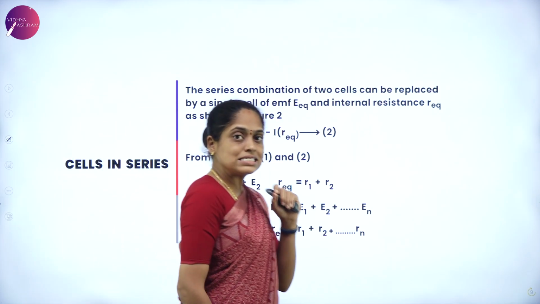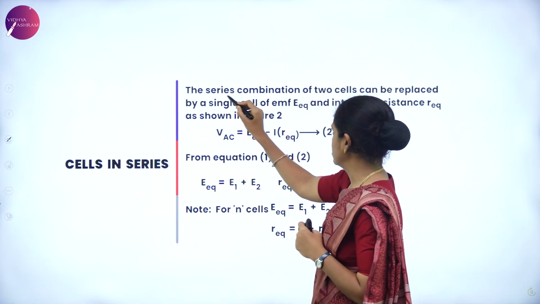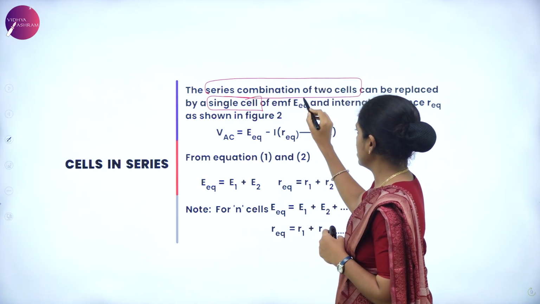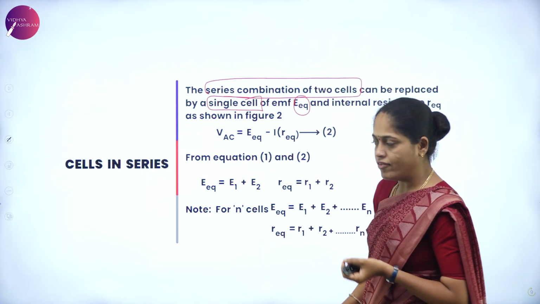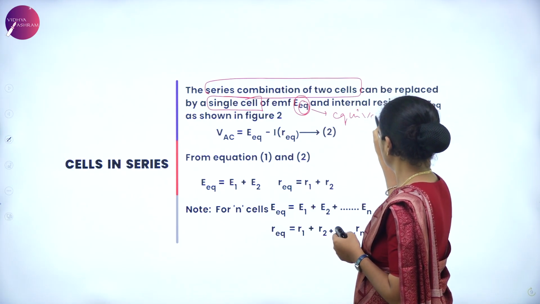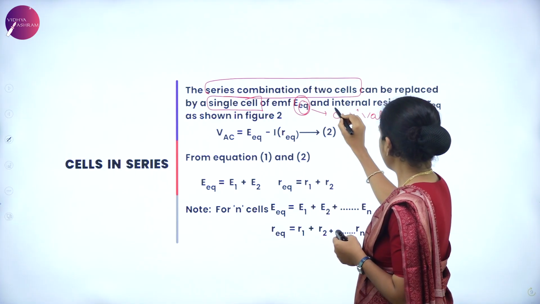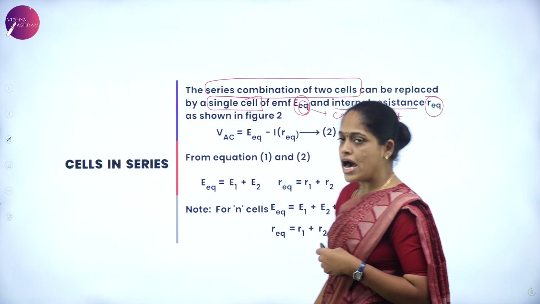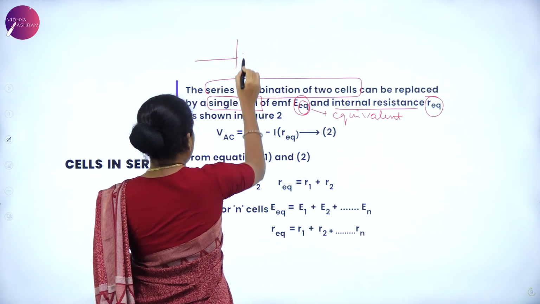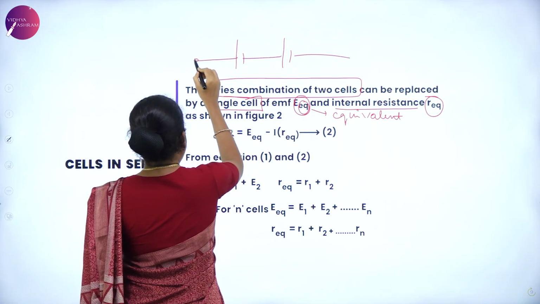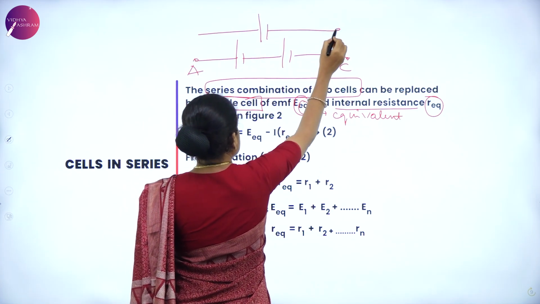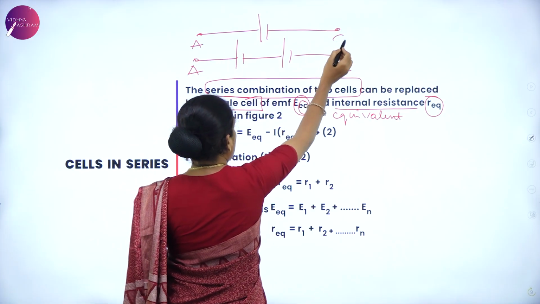Next, this series combination of two cells is replaced by a single cell whose EMF is E equivalent, EEQ, representing equivalent to those two cells, and its internal resistance is REQ. So the two cells between points A and C are replaced by a single cell between the same two points.